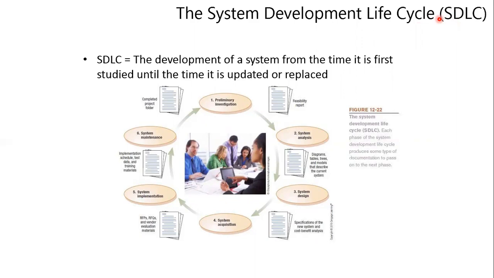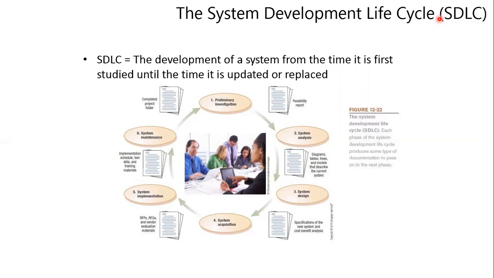A system development life cycle adheres to important phases that are essential for developers, such as planning, analysis, design, and implementation of the system. I will discuss these one by one.